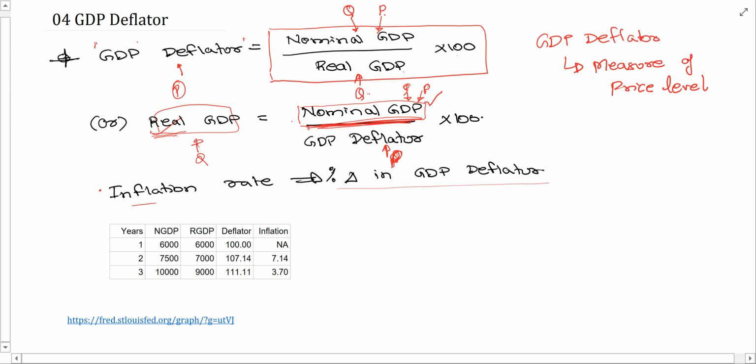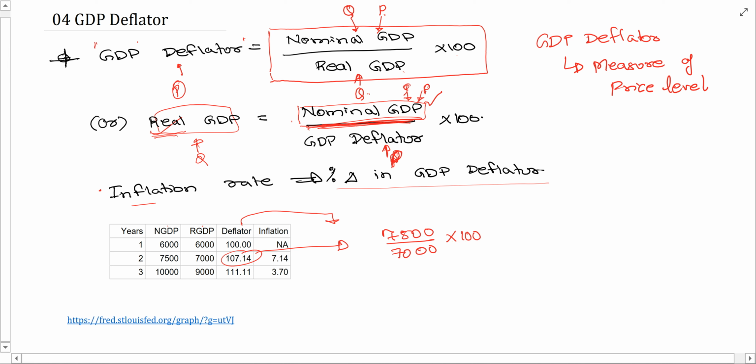So here are some worked out numbers. Say you have 3 years of data, nominal GDP of each of the years and real GDP of each of the years. Then a deflator, this number, is nothing but 7,500, which is the nominal GDP of that year, divided by 7,000, times 100.